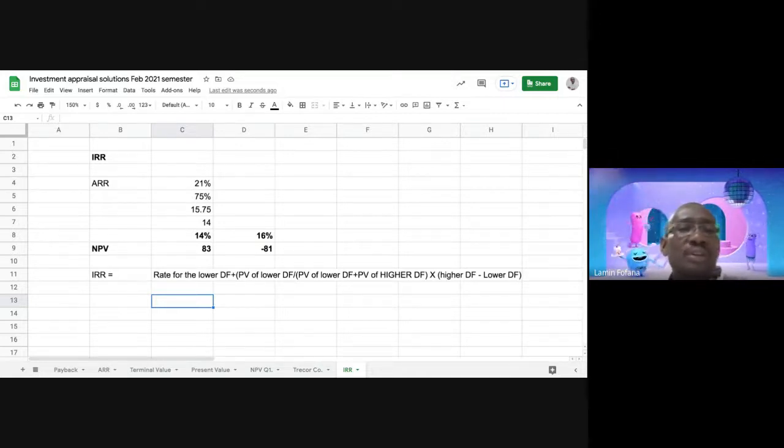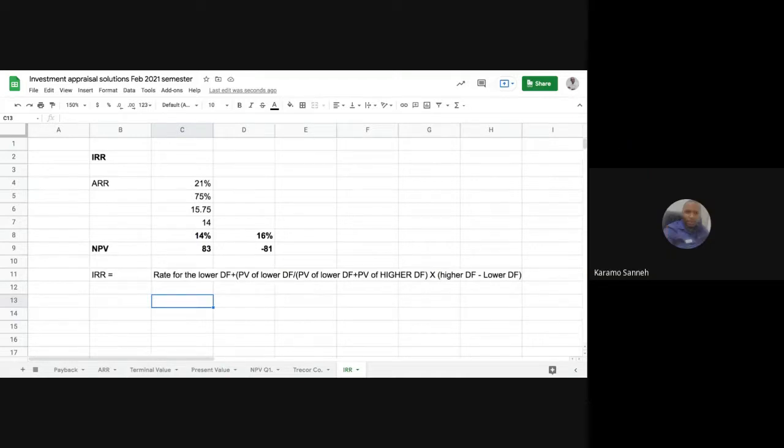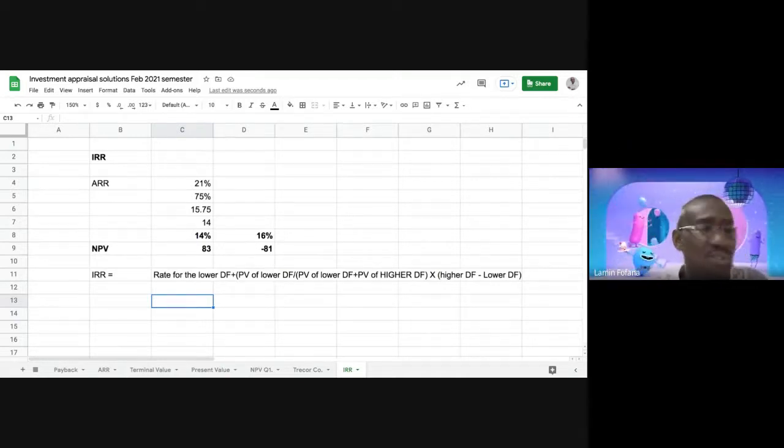What's the rate of the lower DF? It's 14%. Excellent. So we say equals 14%. I'm just going to do the 14% here, so that will be 14%.